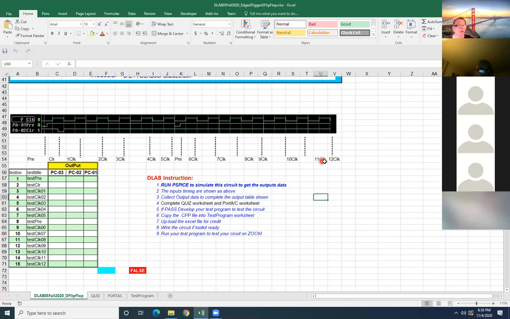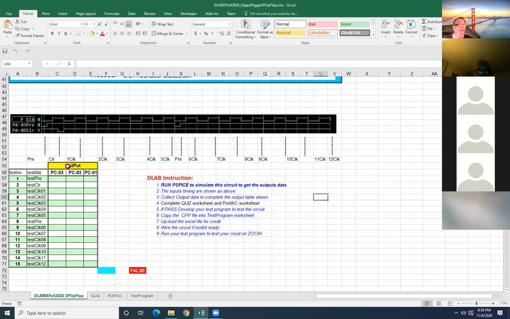The total looks like around 15 tests. After you run the simulation, display input, output, and collect the output for PC1, 2, 3.